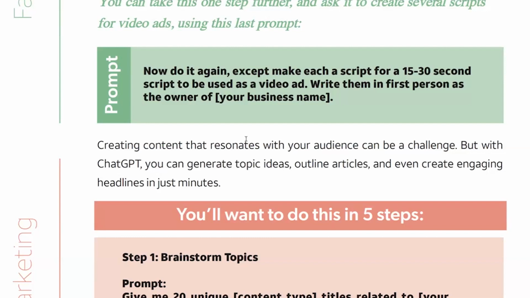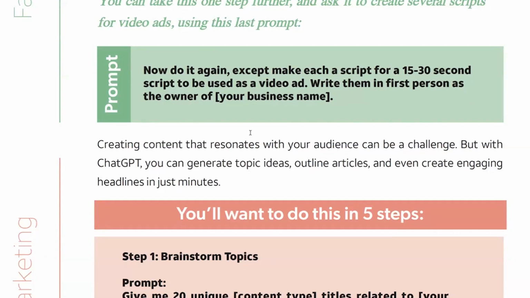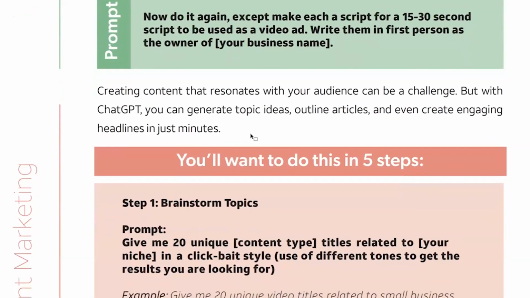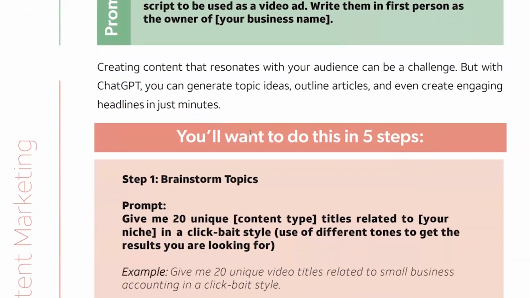So in this particular case, you could say a 15-second script to be used for video. Write them in first person, in the owner's voice, and also the business name. Those are the kinds of things that could create engaging headlines that you can make in just a few minutes.